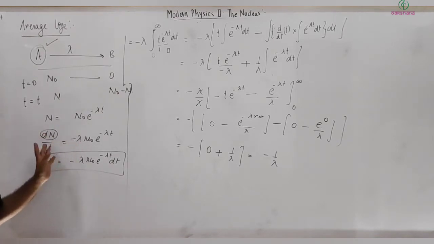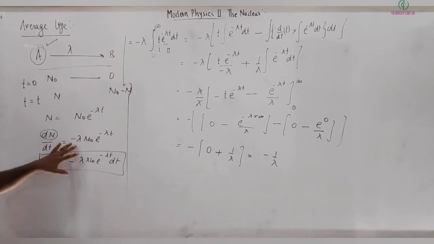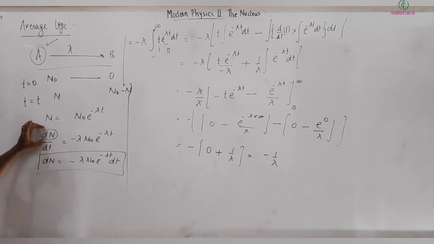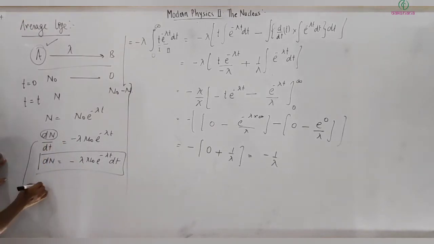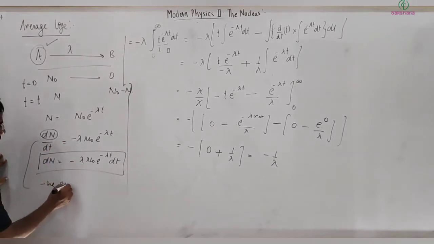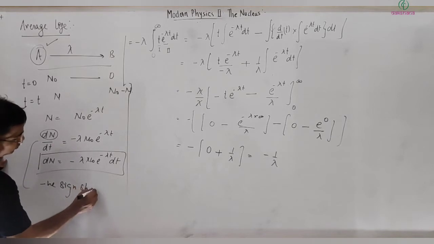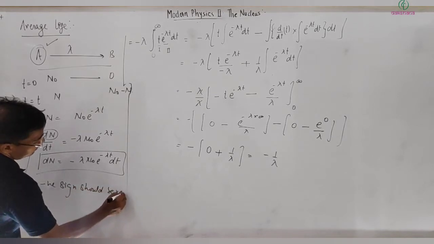Negative and positive is not used here. Actually we are simply counting the number of radioactive nuclei which are decaying in dt time, and because this quantity will be positive, that number cannot be negative. So that's why the negative sign should be removed.